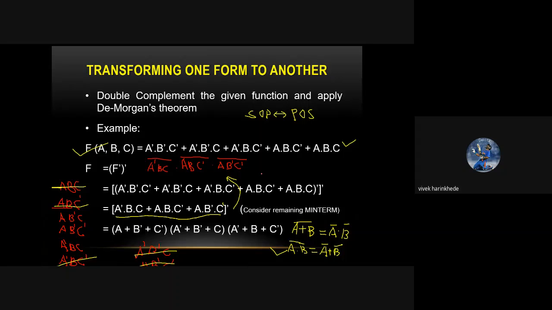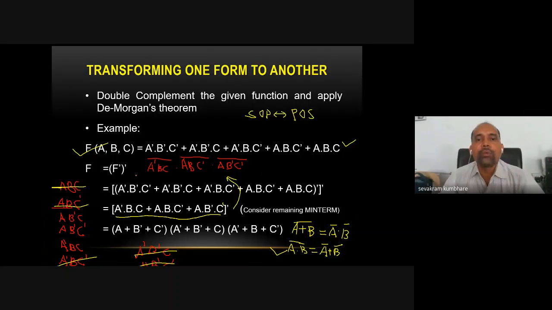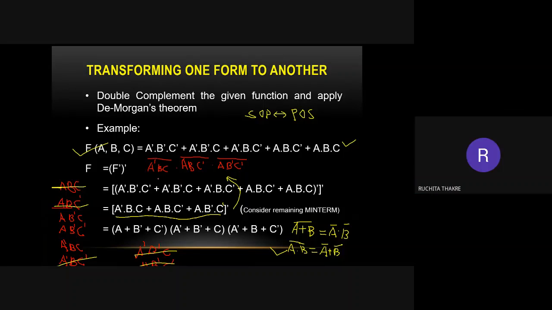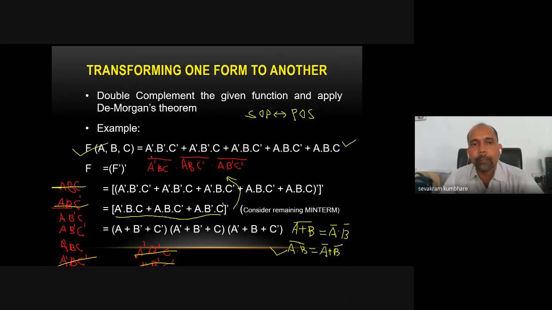Yes, sir. Now I'm applying De Morgan's theorem on each individual term, using the second theorem. If bar is not there, bar you have to mention, and dot will be converted to plus. Since bar is already there on A, it will be complemented again.